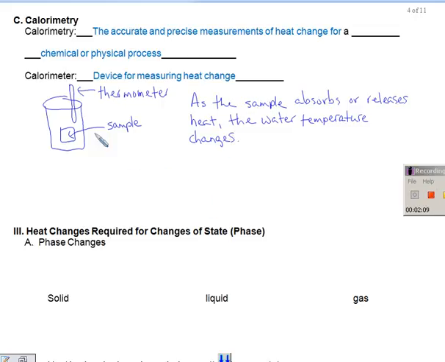So what we're going to do is measure the amount of water change. And we're going to use the Q equals mc delta T equation for water, because we know C for water. That's known.